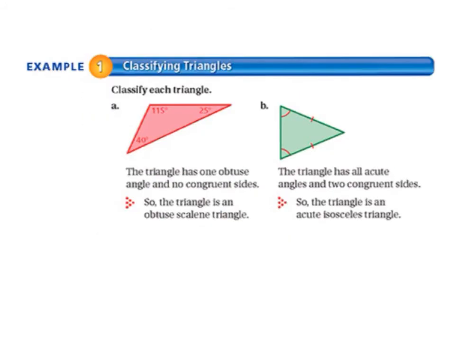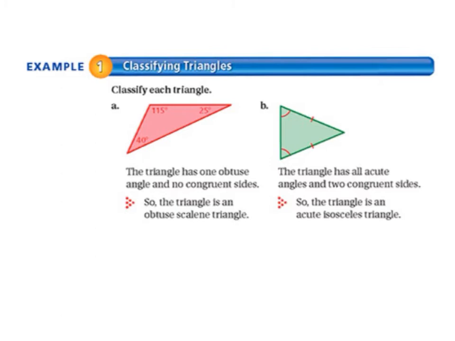Example 1 appears on page 284 in your math textbook. Classifying triangles. Classify each triangle. Letter A has a 115-degree angle, a 25-degree angle, and a 40-degree angle. So it has one obtuse angle and no congruent sides.